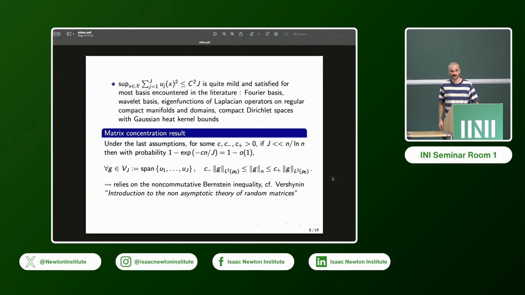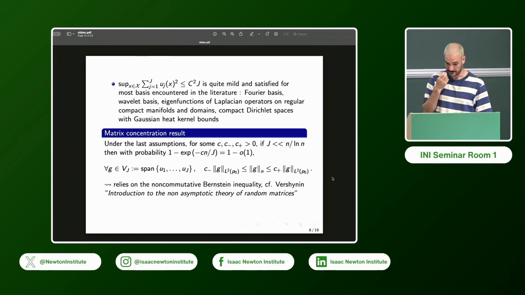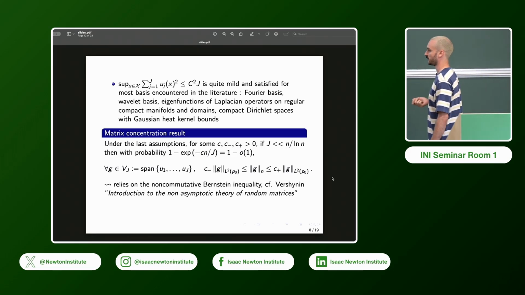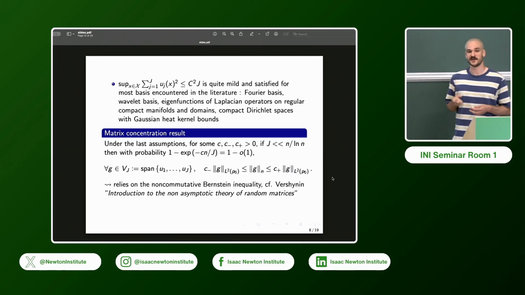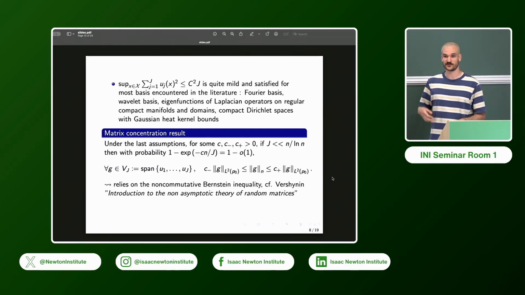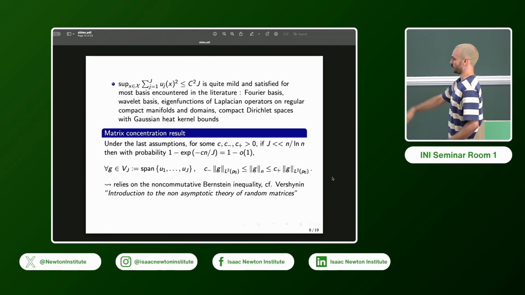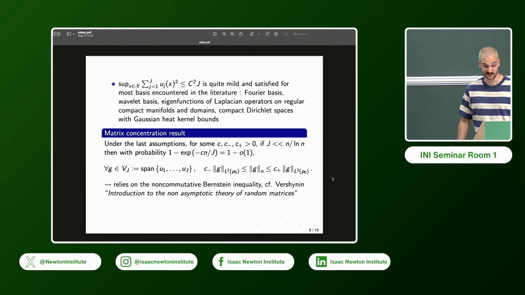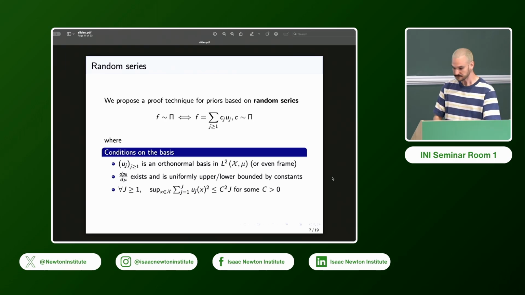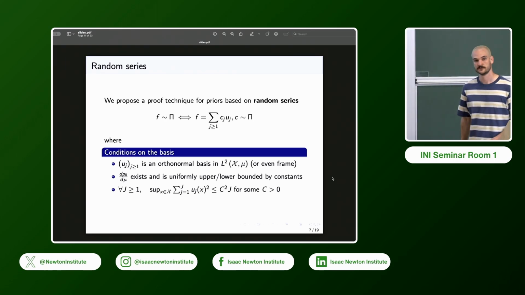And then another important kind of basis functions that you could take are the eigenfunctions of Laplace-Beltrami operators on compact manifolds, or the Laplacian on regular domains over R^d. By alternative arguments, which do not really look like the trivial manipulations I've done here, you can show that indeed this last bound is satisfied.